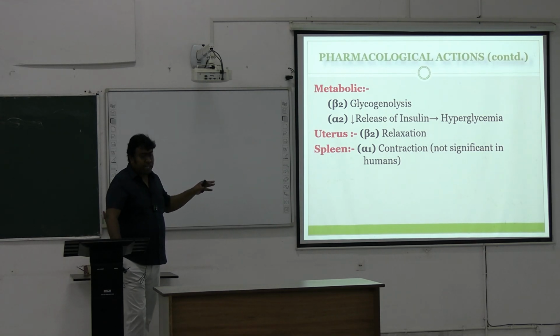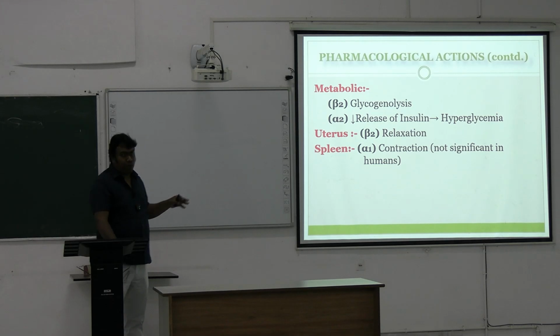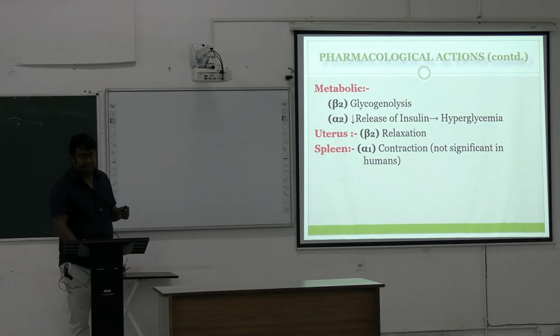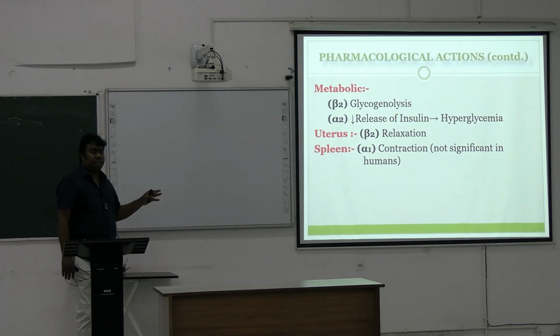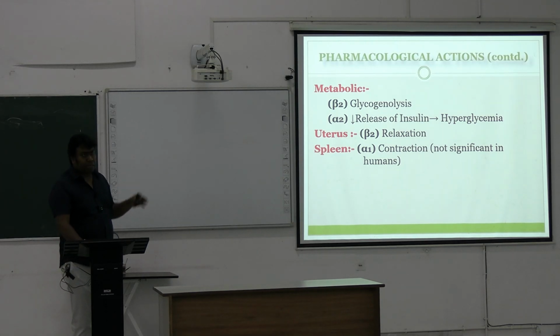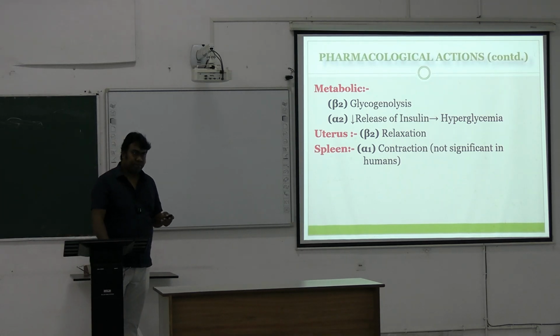Spleen contraction is seen due to alpha 1, which is clinically insignificant. Clear? The heart, peripheral vessels, then tracheobronchial tree, eye, uterus, metabolic, as well as spleen.